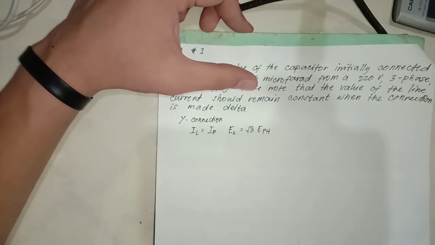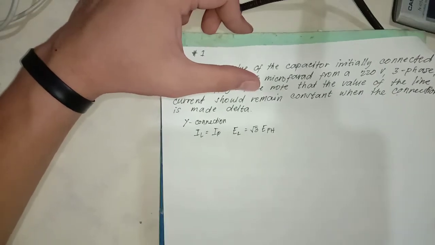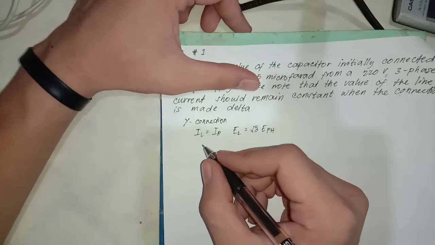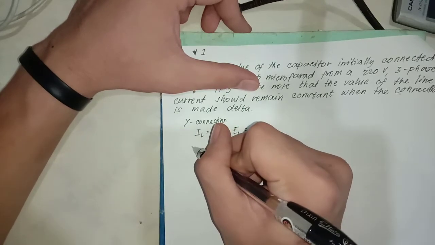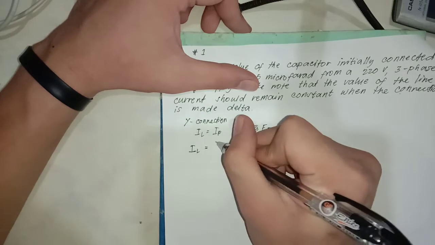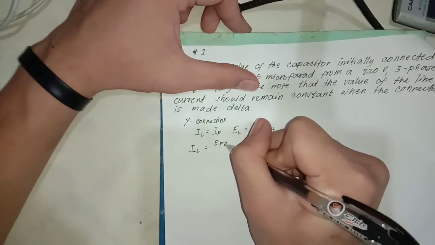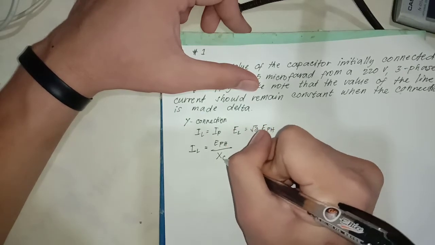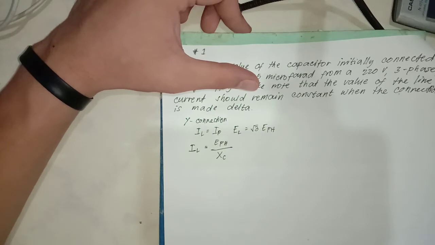So to get the IL, just simply have this equation, the phase voltage divided by the capacitive reactance.